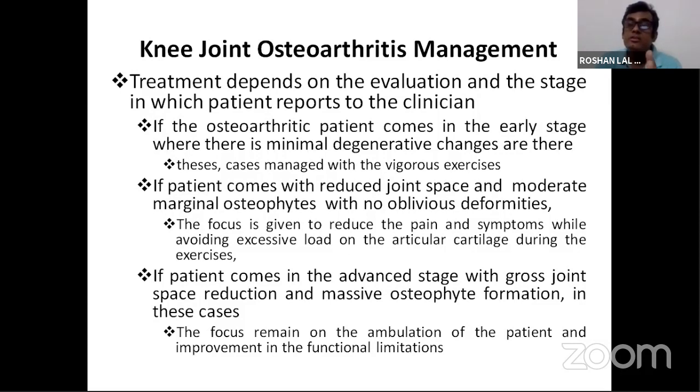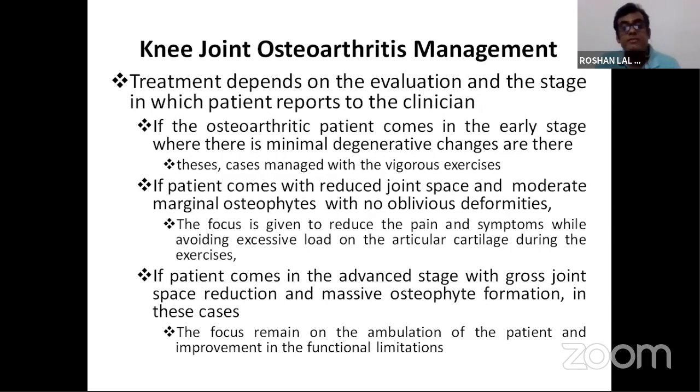But consider the age. The patient should not be elderly, 70 years old, or more than 65 years. So if the patient is less than 60 or 65 and degenerative changes are there, but these changes are minimal, then we can start the vigorous exercises.